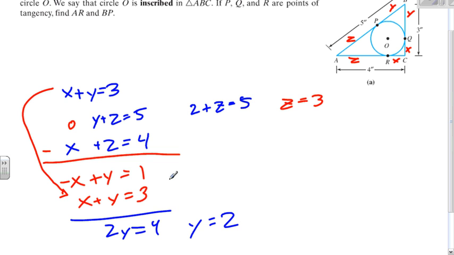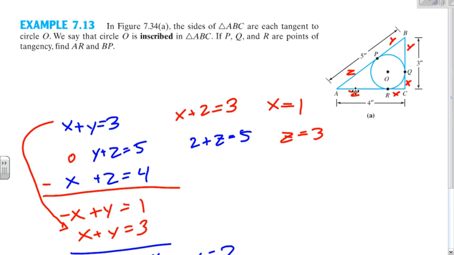Also, if y equals 2, then x plus 2 equals 3, so x would equal 1. So x is 1, y is 2, and z is 3. Find AR. AR is 3. And BP is 2.